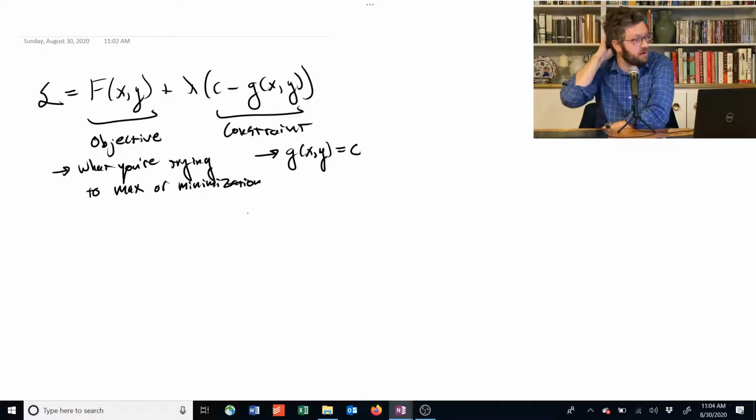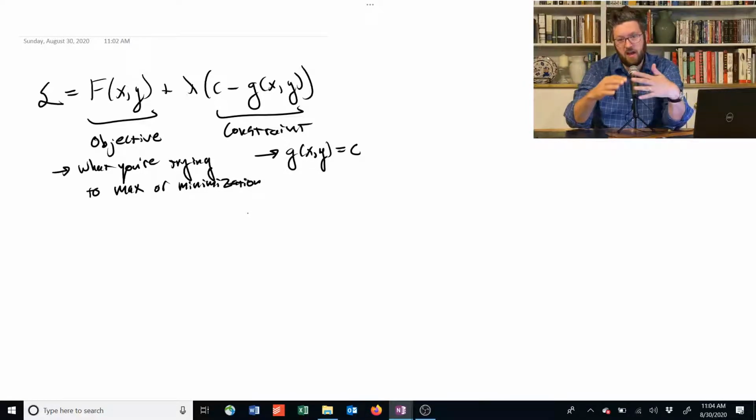For example, suppose I'm trying to decide how I want to spend my time studying, and I have some function of my final grade as the amount of time I allocate.